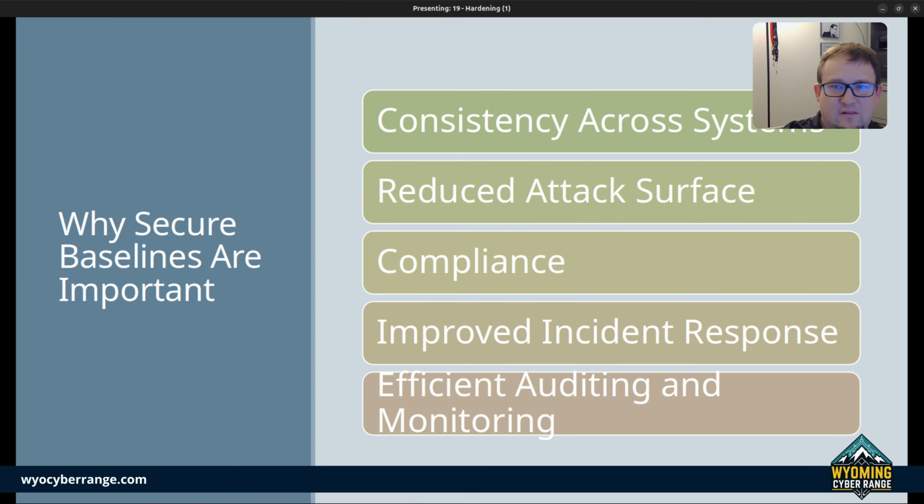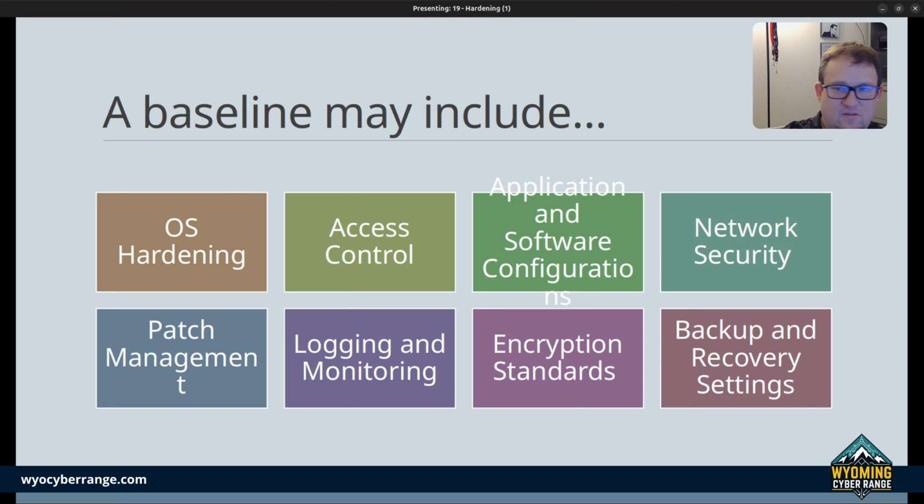If you know exactly what a healthy, secure system looks like, it's much easier to spot when something is wrong. Now, a baseline could include things like firewall settings, patch levels, OS configurations, required software. Just think of it like your standard build. What do you put on every one of your systems to create a baseline across your network?